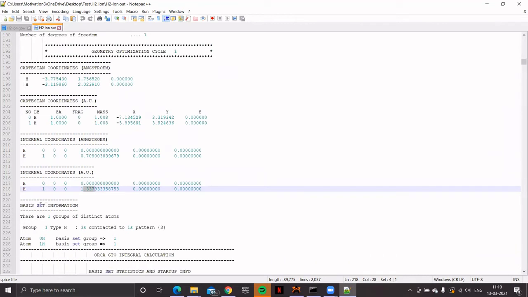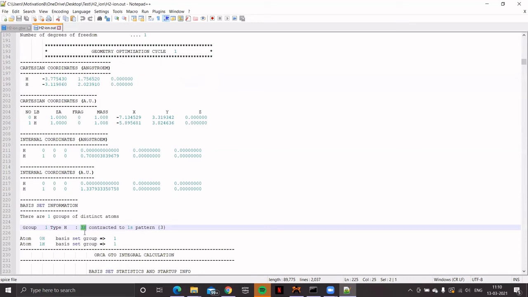Now the basis set information. We had taken the STO-3G basis set. STO-3G basis set means we have used 3 Gaussian functions to mimic a Slater type orbital. In this case, the Slater type orbital is a 1s type orbital. The 1s type orbital we are mimicking with the help of 3 Gaussian functions.